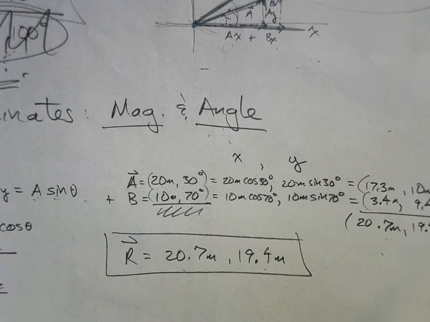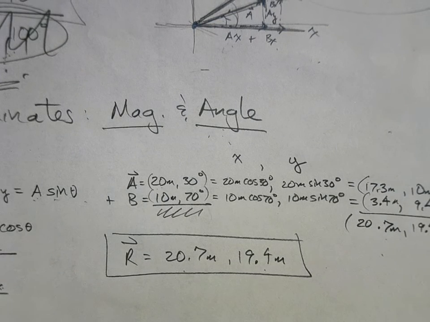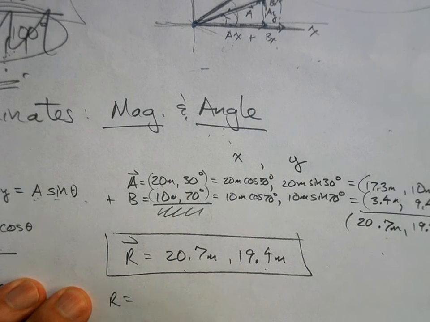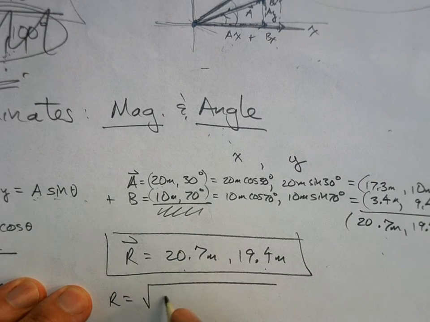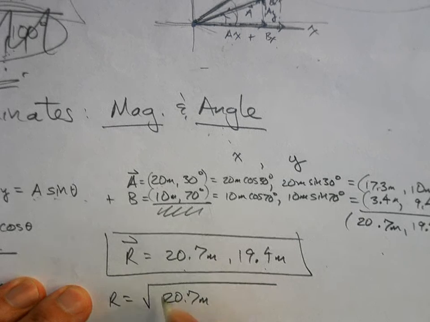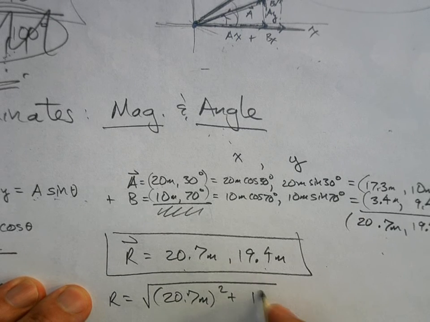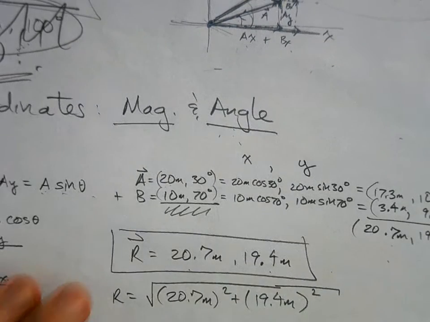Is this Greek guy? Yeah, Pythagorean. Pythagoras' theorem. So R is equal to the x component squared plus the y component squared, and then take the square root. And let's see what we get.